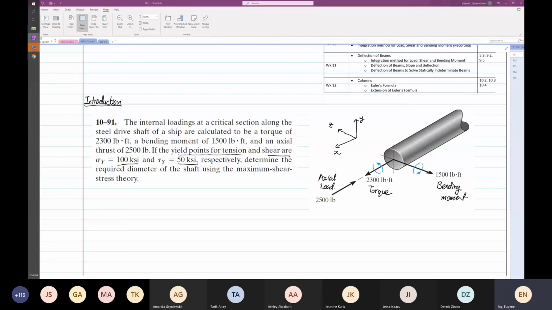So the first thing that we are going to do for a problem like this is to identify the types of loading.